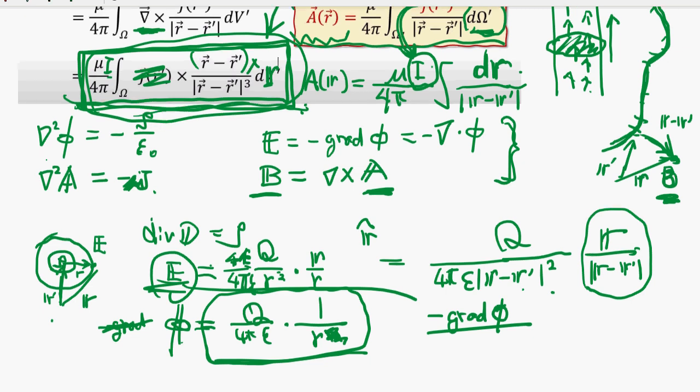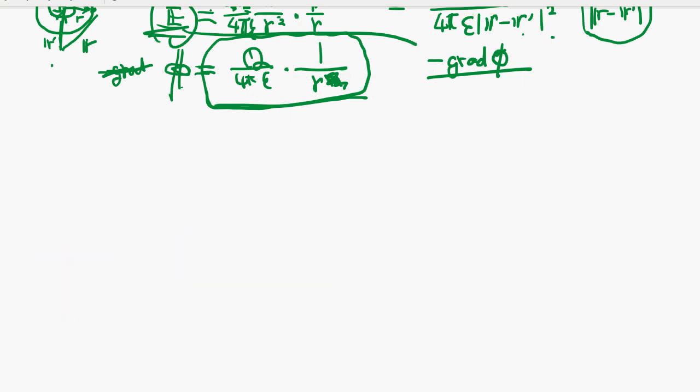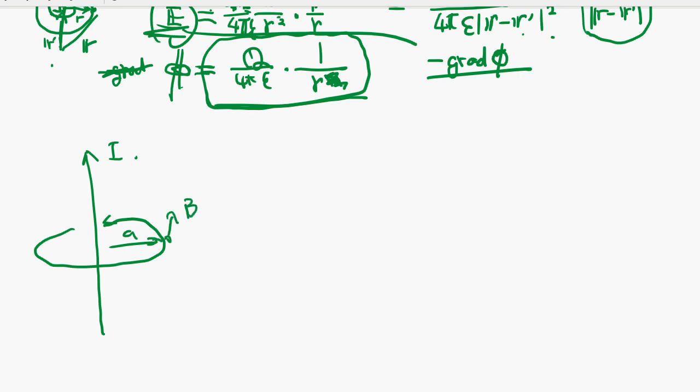Okay, so the Biot-Savart equation is fine. Let's think about this very simple case, right? A and I, and Ampere's law tells you B here is something like mu I over 2 pi A. Okay, so how do you get this?